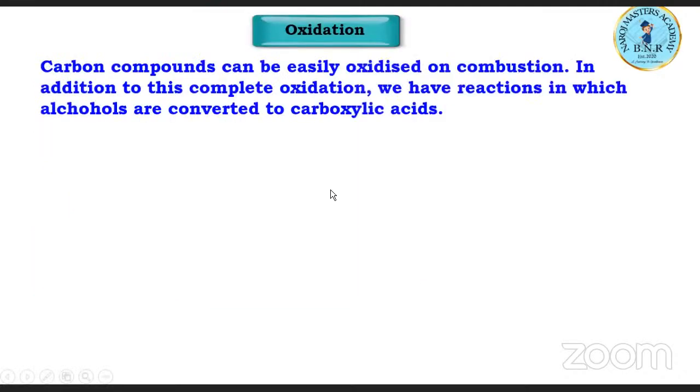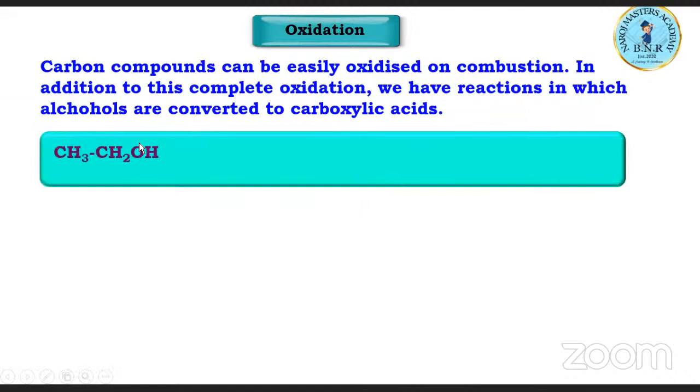Now the oxidation reaction. Carbon compounds can be easily oxidized on combustion. In addition to this complete oxidation, we have a reaction in which alcohols are converted into carboxylic acids. So by doing this oxidation reaction, it will convert into what?